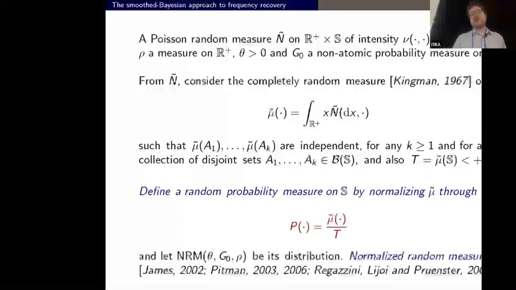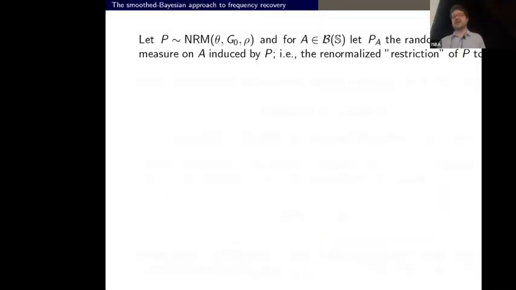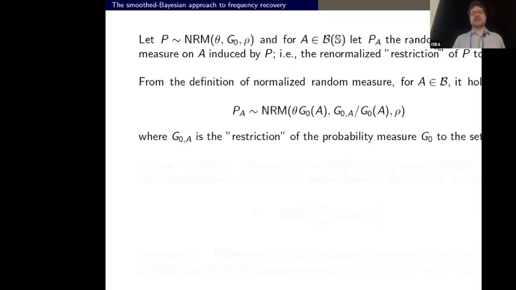Why are these useful? Because they have this nice property that I call the restriction property, but we all know these things. If I take a normalized random measure and consider a set A, and denote by P_A the corresponding random probability measure restricted to that space, then the restricted completely random measure to that set is still a normalized random measure.